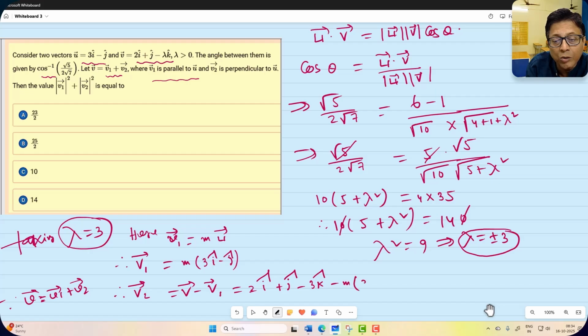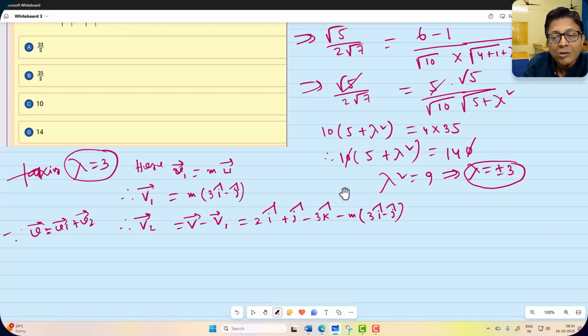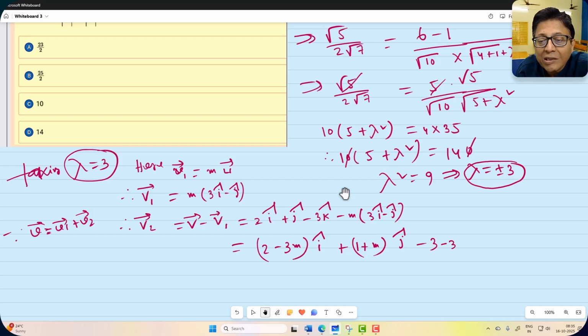So that is 2 minus 3m into i, plus 1 plus m into j, minus 3k. It is just minus 3k.